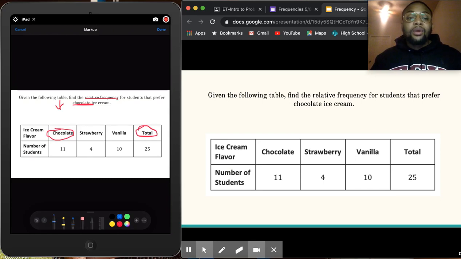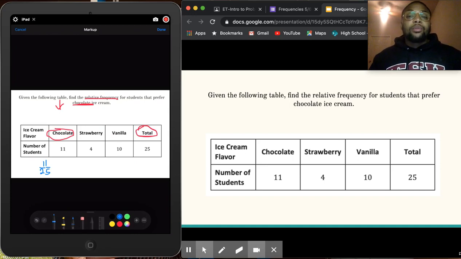Next, I'm going to create my equation. If I want to create my relative frequency or my proportion, I'll say that I have 11 out of 25 people who like chocolate ice cream versus the other flavors.